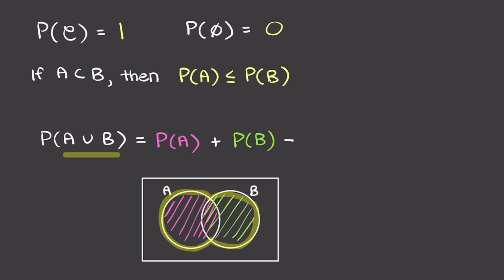Now, if we leave it like this, what we've done is we've double counted the intersection, this part in between, because this was counted already in the probability of A, and it's again counted with the probability of B. So we have to subtract that intersection once, because we only want to count it once. We don't want to count it twice. So this blue area here, we're going to subtract that. So this is the probability of A intersect B.